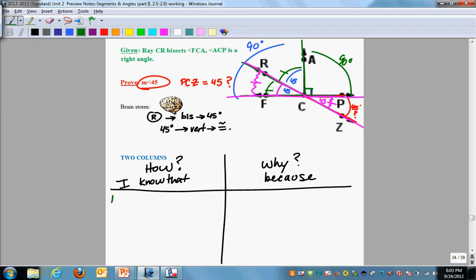So let's start with our given information. We know that CR bisects angle FCA. We know that because it's given. We also know that angle ACP is a right angle. R with the circle means right angle. We also know that because it's given.